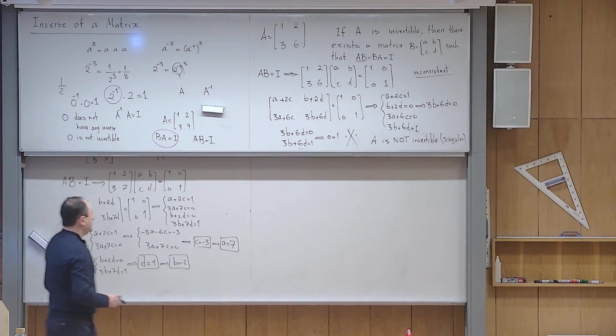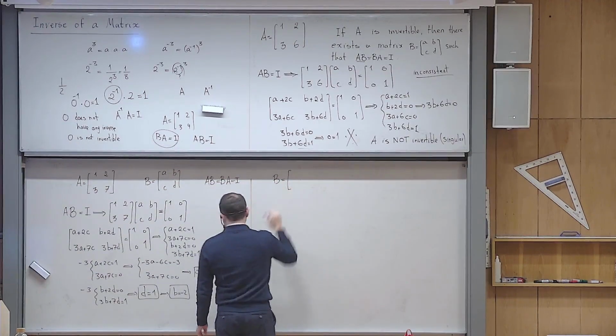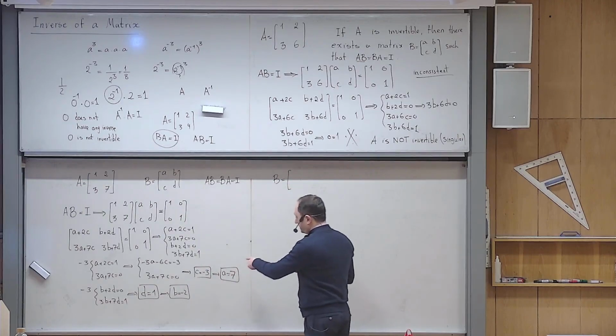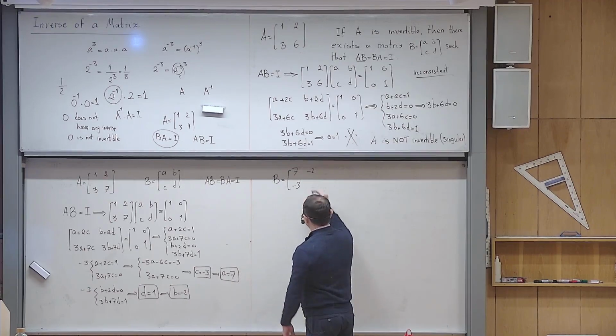So this means that my matrix B is equal to what? A is 7, B is minus 2, C is minus 3, and D is 1.